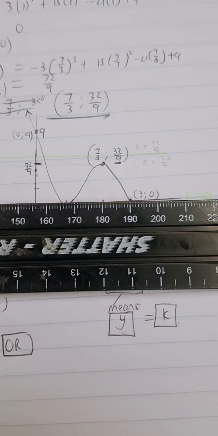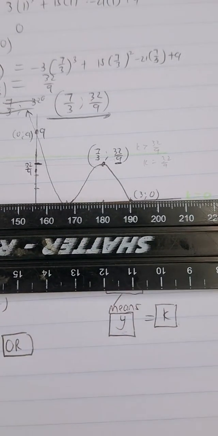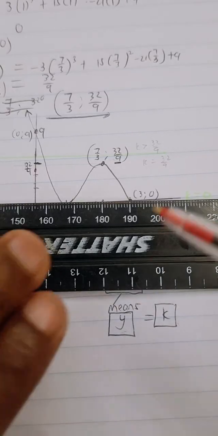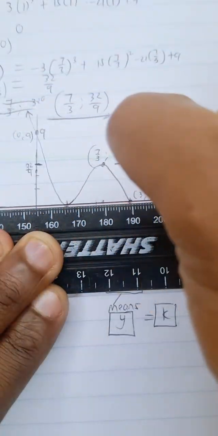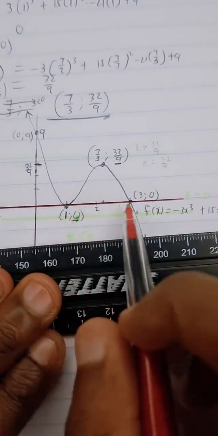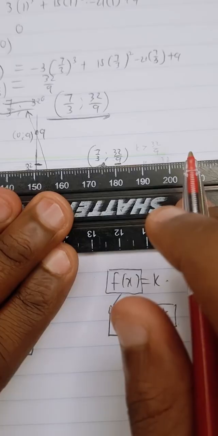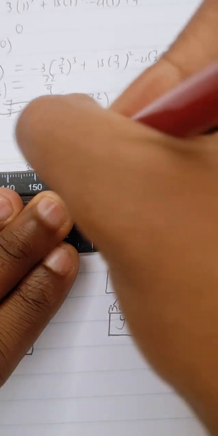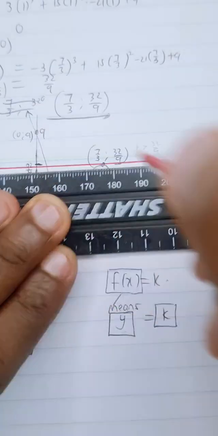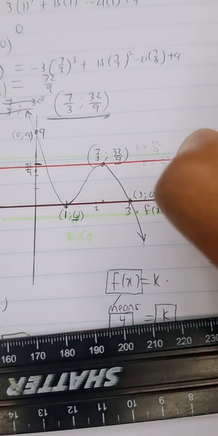I'm going to use a different mark. Let's use red for exactly 2. That is k equal to 0, that's exactly 2. And where else? At k equal to 32 over 9, that's exactly 2.